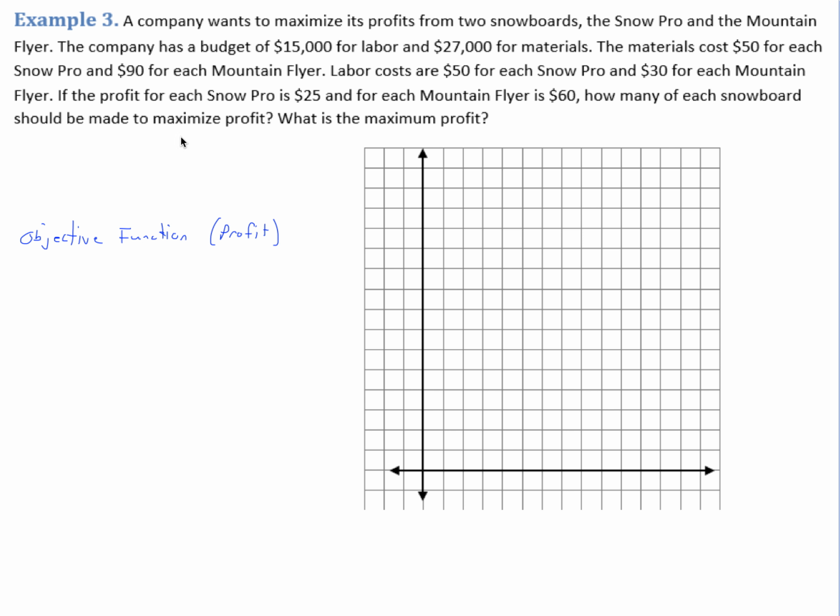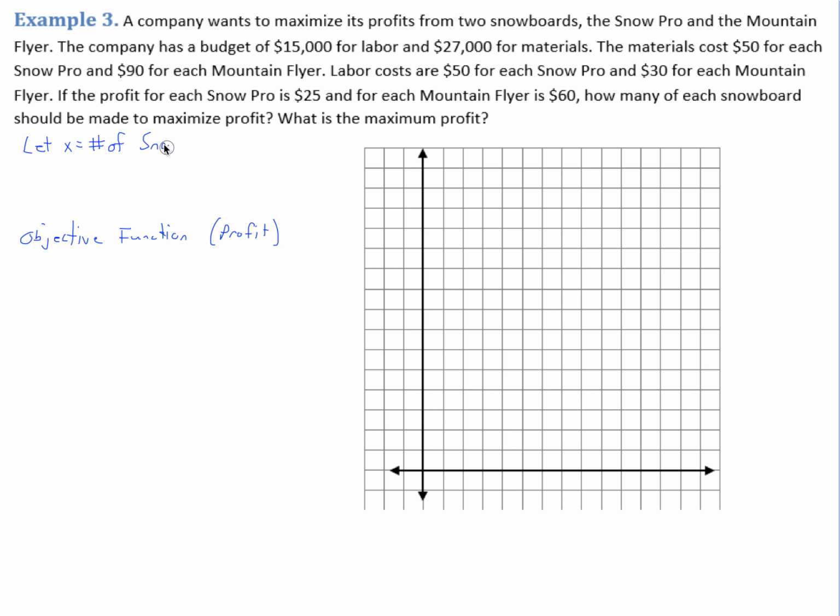So what are the variables? What determines our profit? Well, it says how many of each snowboard should be made. So we're going to find values, or how many of each. So let's just let x, we're going to use x and y because we have an x and y axis. So let x equal the number of Snow Pros made.